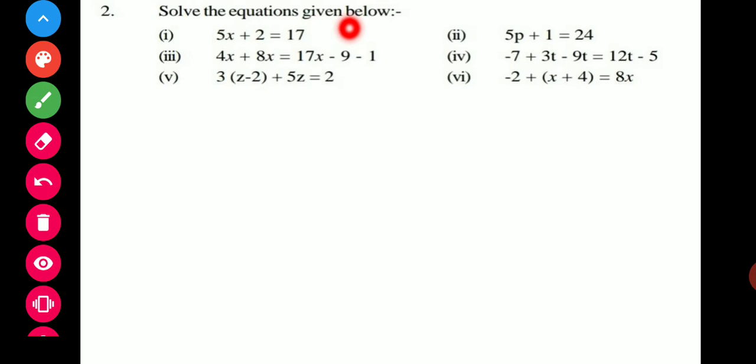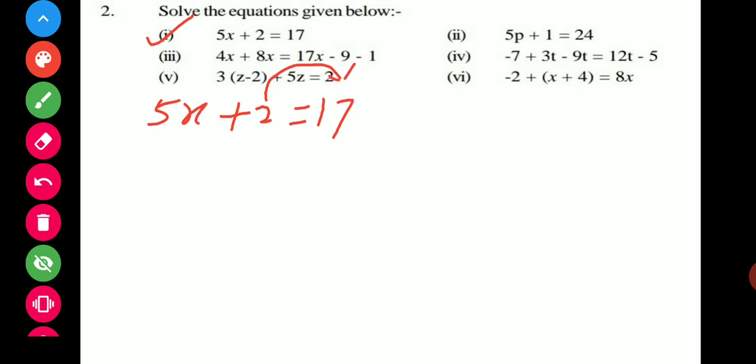Solve the equation given below. जो given है equation इसको solve करना है. How can we solve this equation? So you can check here which type. The first question, that is 5x plus 2 is equal to 17. First of all इस 2 को transfer करना है that side.